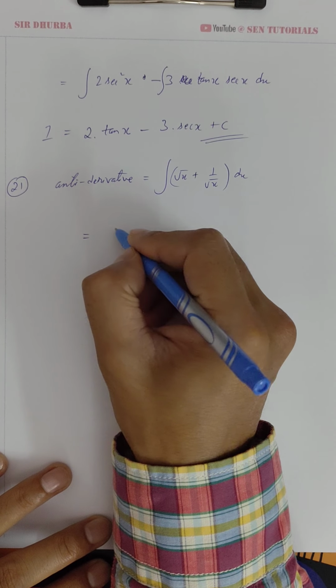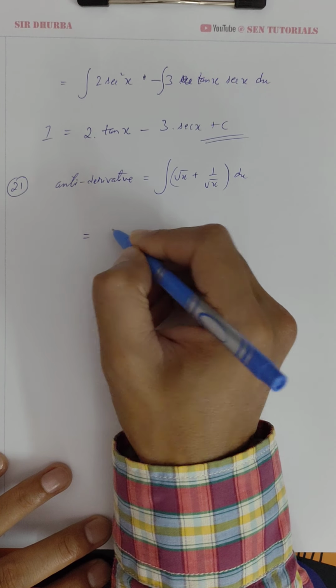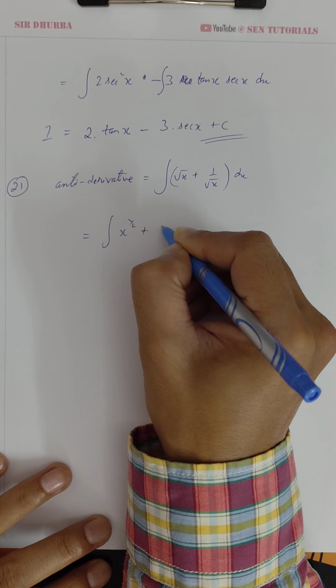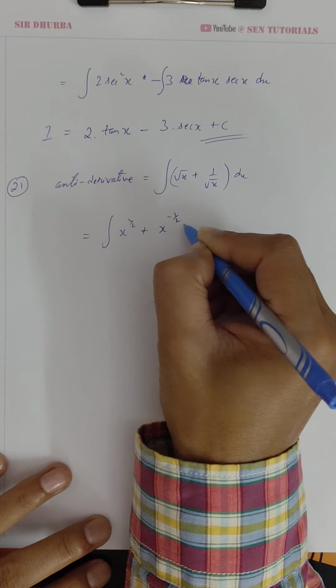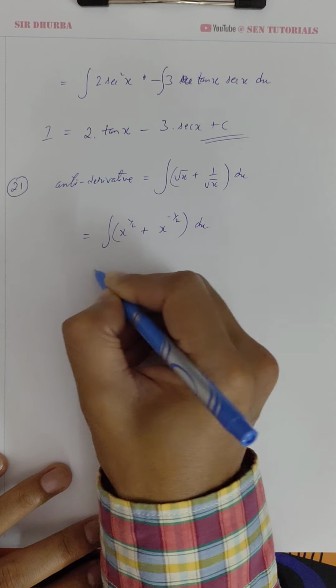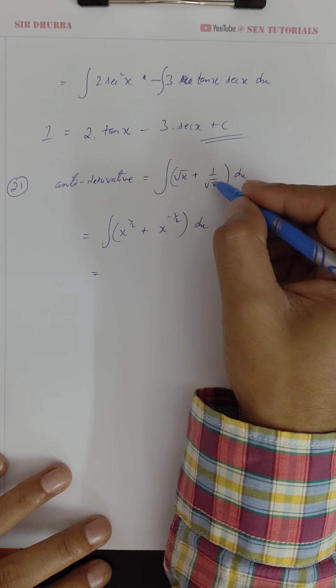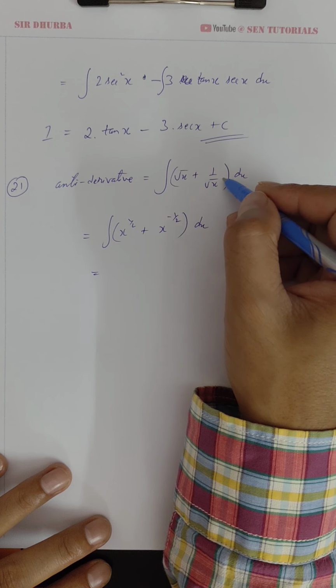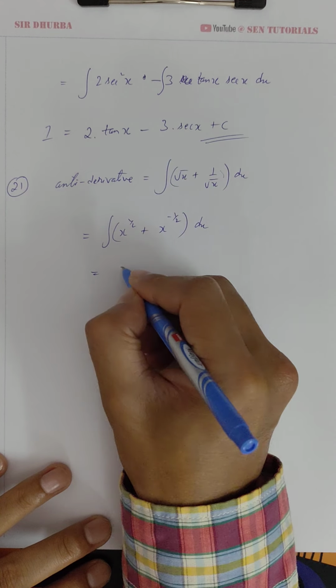So integration of root x plus 1 by root x, what did I say? It is x power 1 by 2 plus x power minus 1 by 2 with respect to x, because 1 by under root of x is x power minus 1 by 2.